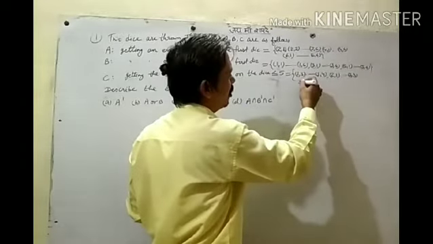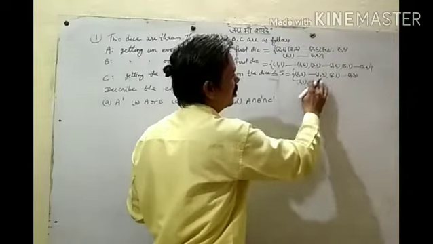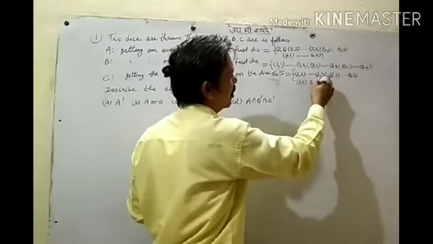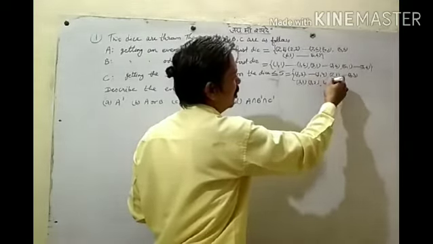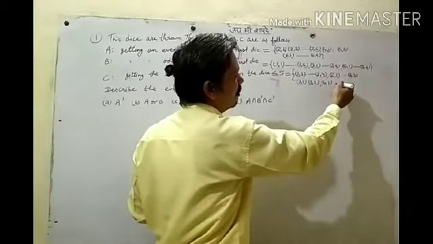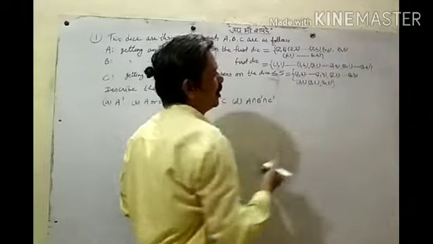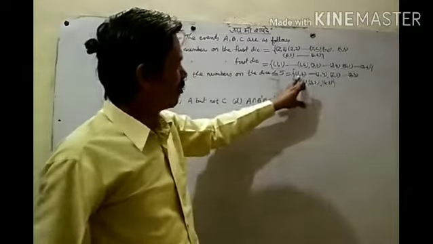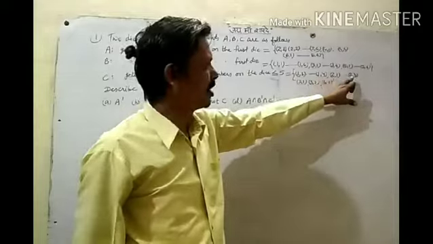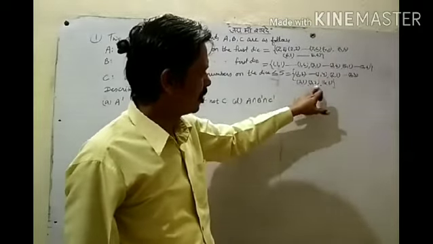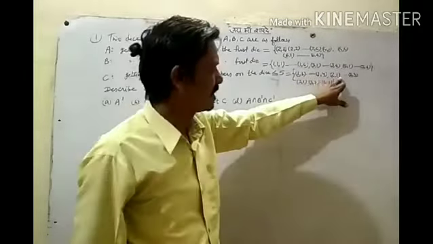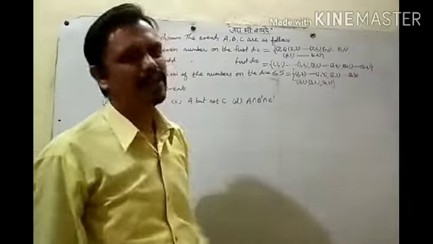Then 3,1 and 3,2 only, two elements. Then 4,1. Then in the row of 5, 5,1 cannot give 5 or less. So we have 4 elements for 1, 3 elements for 2, 2 for 3, and 4,1. So 4 plus 3 is 7, and 3 is 10. 10 elements are here.